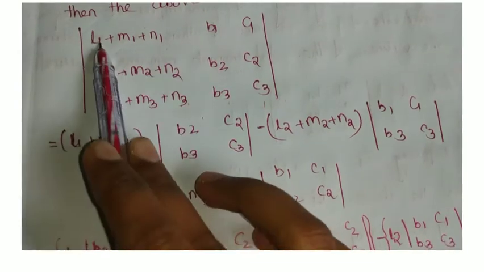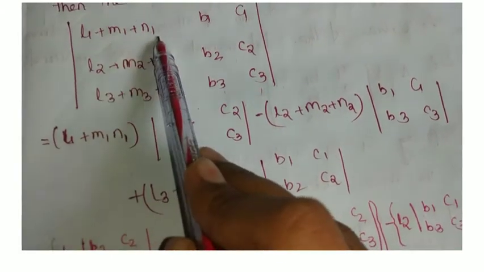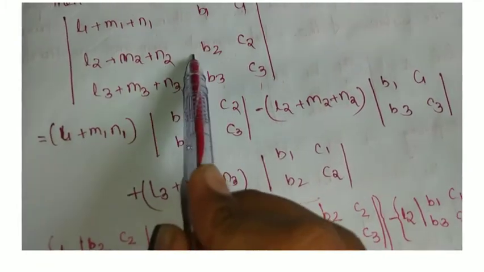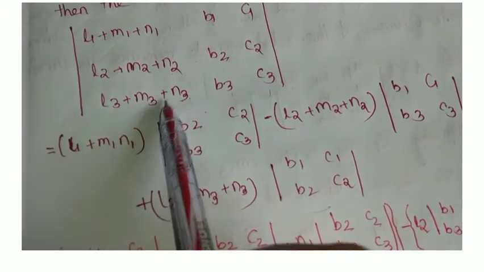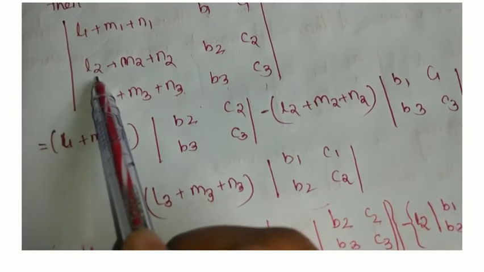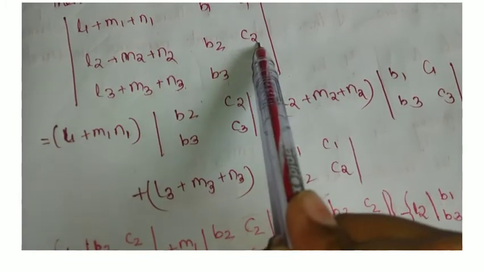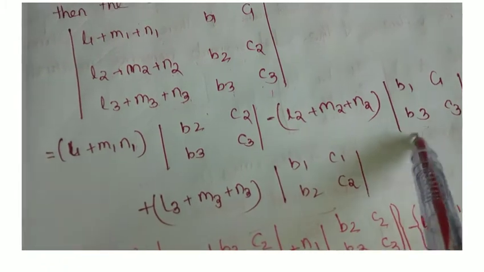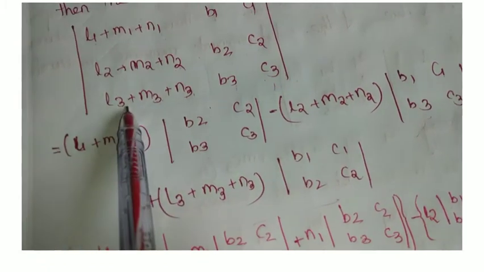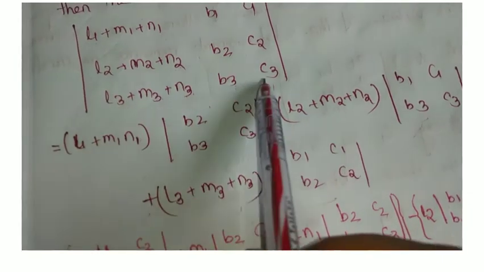Then we expand this determinant. We get L1 plus M1 plus N1 into this determinant by closing this row and this column, minus L2 plus M2 plus N2 closing this row and this column, and next plus L3 plus M3 plus N3 closing this row and this column.